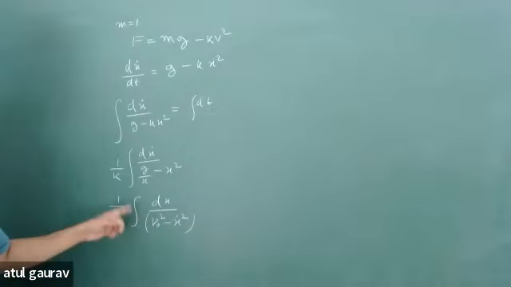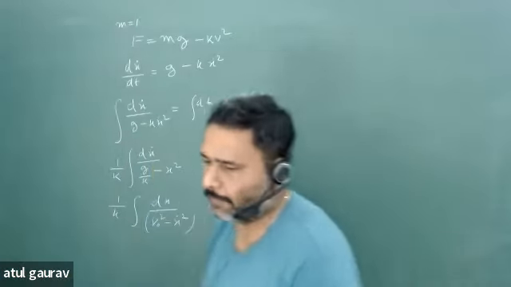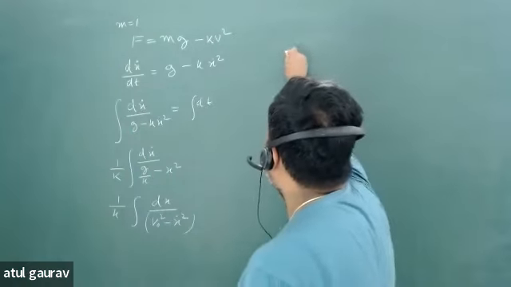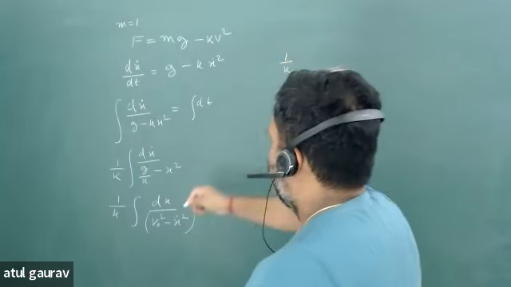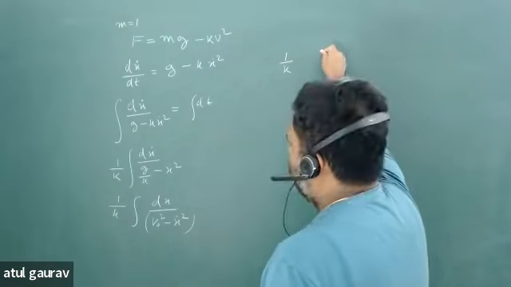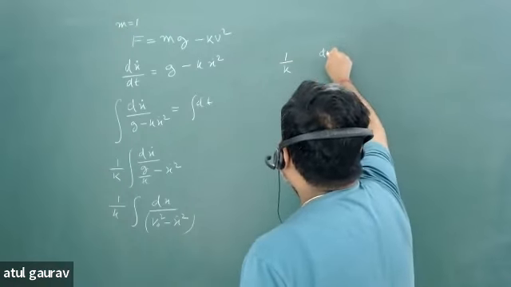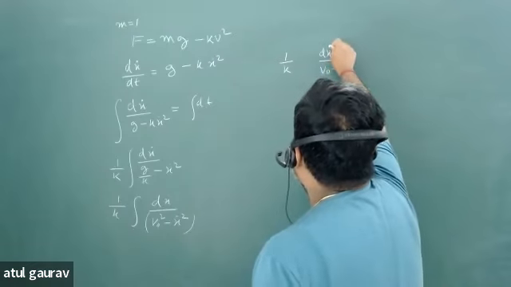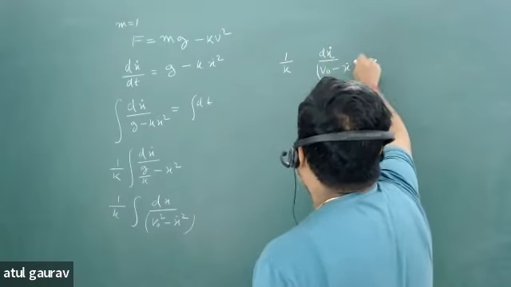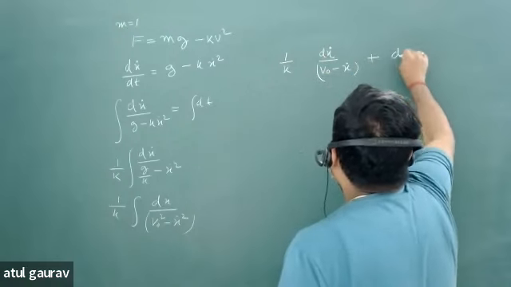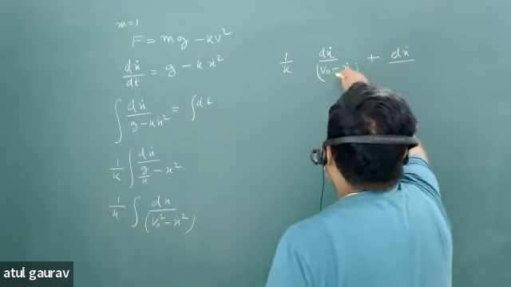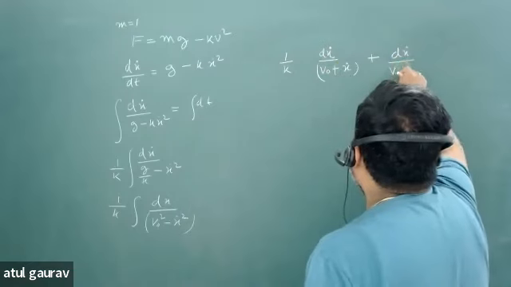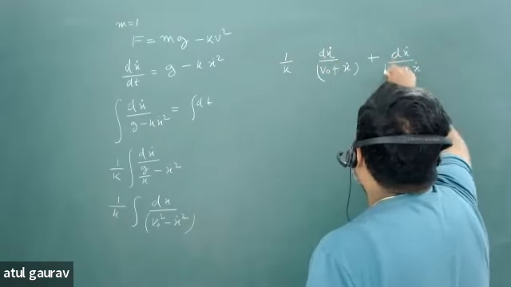Okay, so we can write this thing as something like 1 upon k, and we have dx upon v naught minus x dot plus v naught plus x dot, and v naught minus x dot.